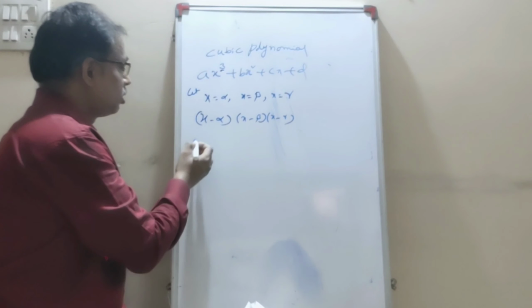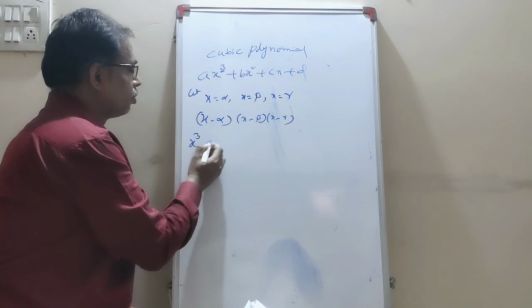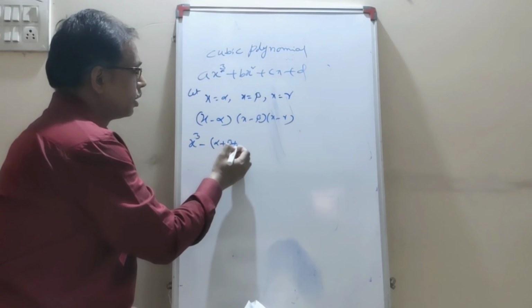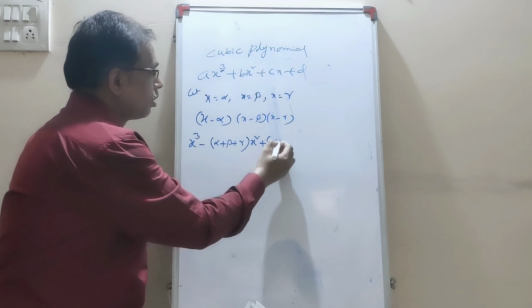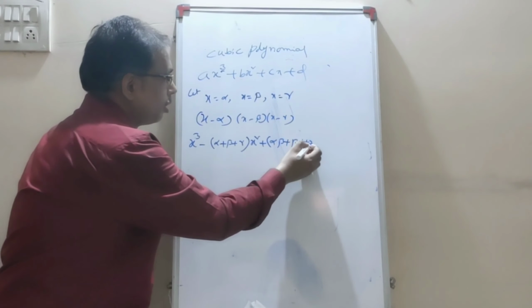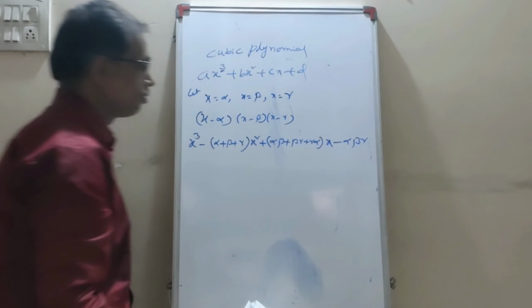After multiplying this, we get x cube minus (alpha plus beta plus gamma) into x square plus (alpha beta plus beta gamma plus gamma alpha) into x minus alpha beta gamma.